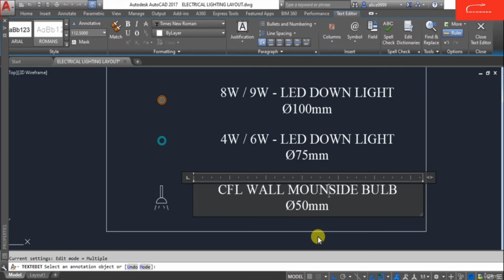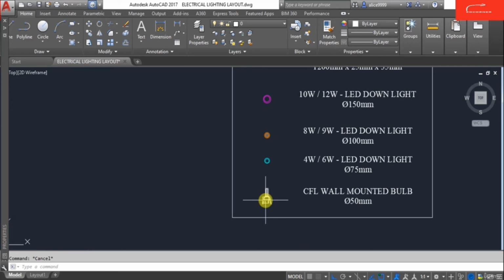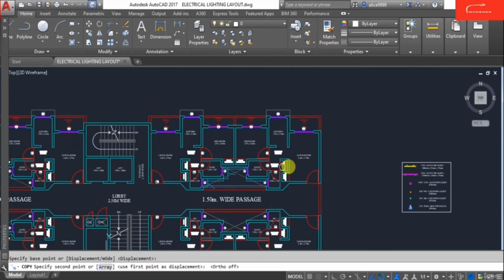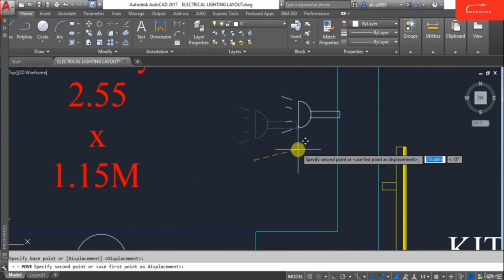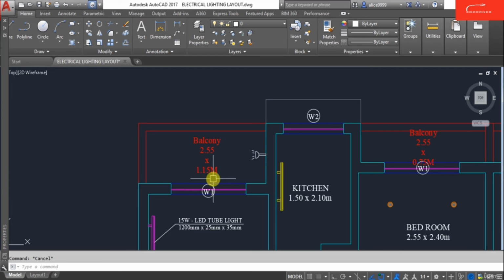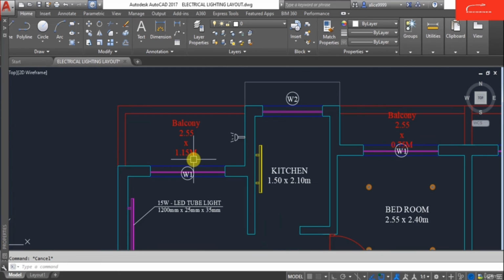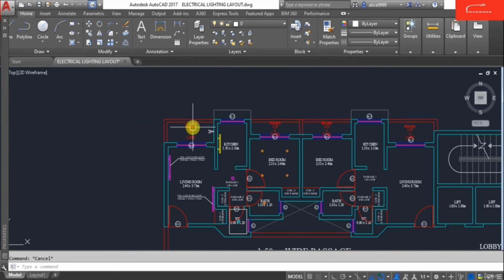For the wall mounted bulb, CFL wall mounted bulb, I will put the single bulb for this balcony wall mounted area.